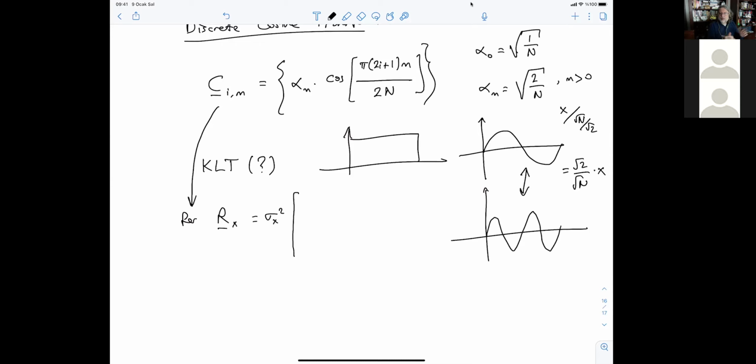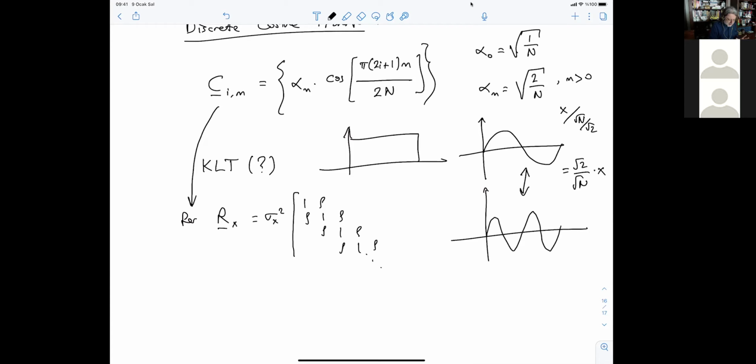Sigma x squared is also always there, of course. The diagonal is 1, and it goes on. And the off diagonals are rho, rho, rho, rho.